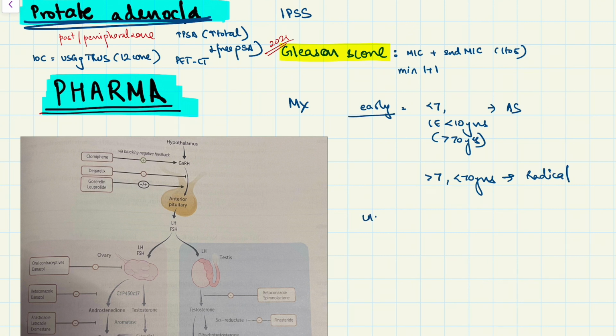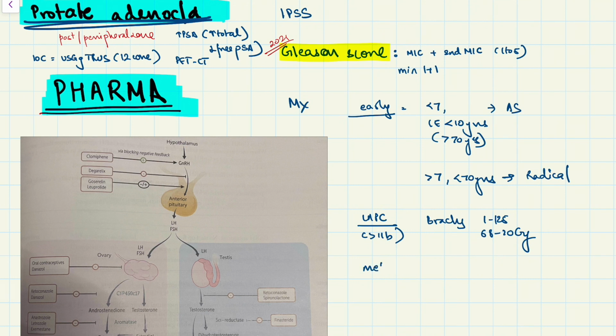For locally advanced prostate cancer, that is more than stage 2B or more than 50% lobe involvement, right? Here brachytherapy is done using iodine 125 isotope and 68 to 70 gray radiation is given.